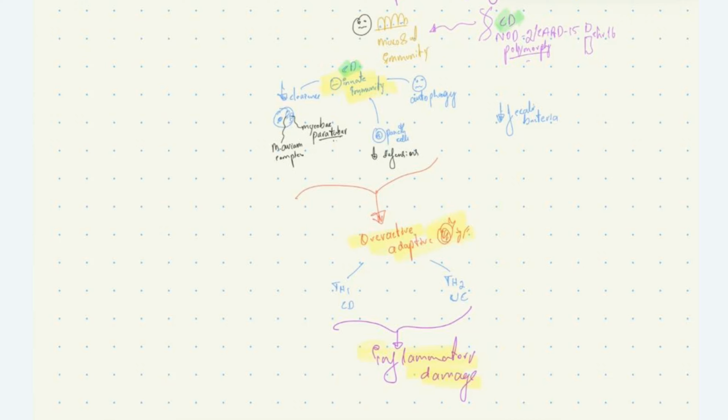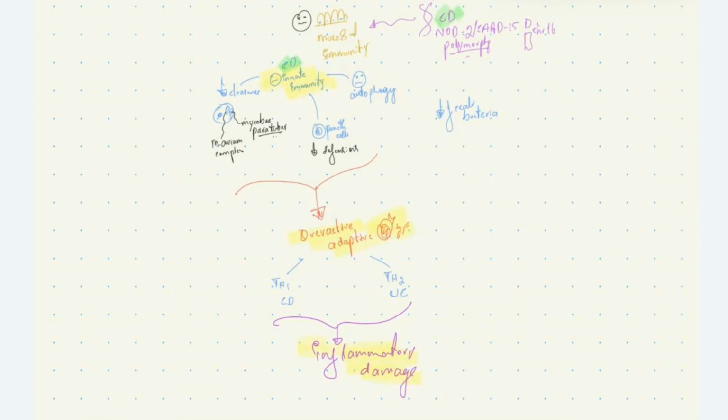So we see Mycobacterium avium complex and Mycobacterium paratuberculosis inside the GIT cells due to the reduced clearance by innate immunity. The Paneth cells, which are responsible for innate immunity in the GIT, secrete defensins in low amounts, and this reduced secretion of defensins also impairs the innate immunity. We also see impaired autophagy in inflammatory bowel disease.